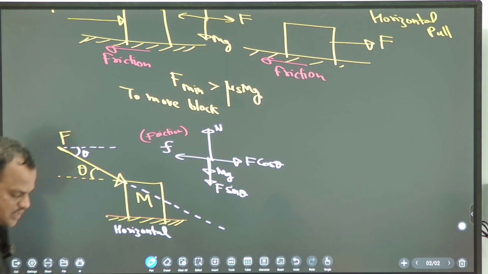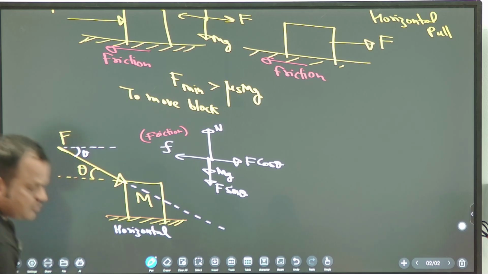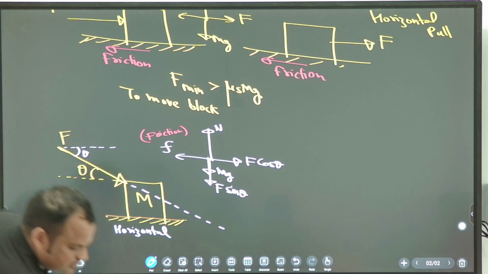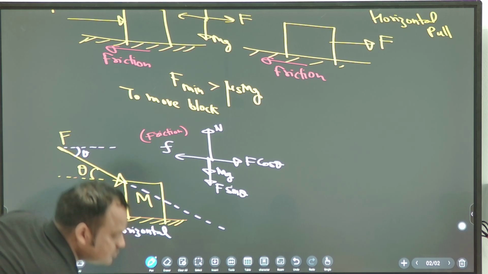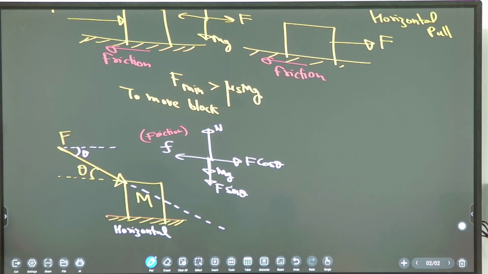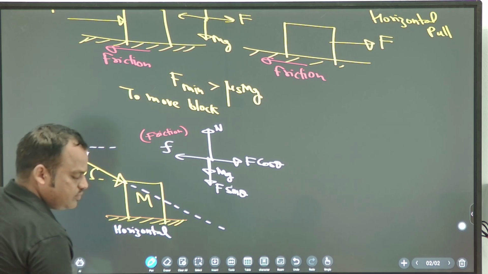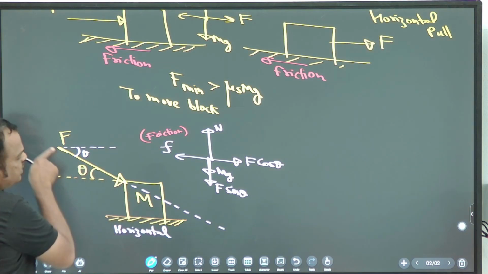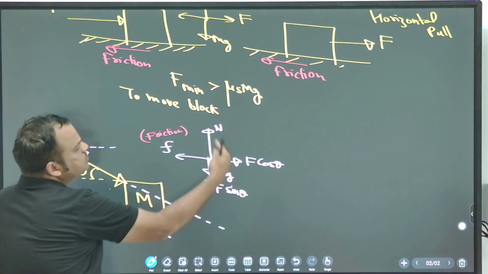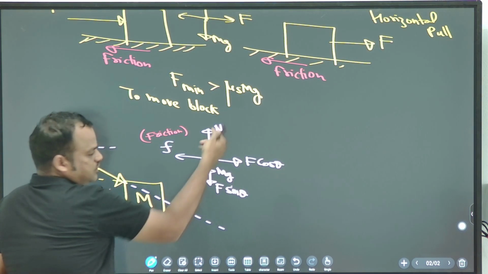So now what is this force? Inclined or horizontal? Horizontal. Now this is inclined. Inclined means what is a normal? Tell normal.